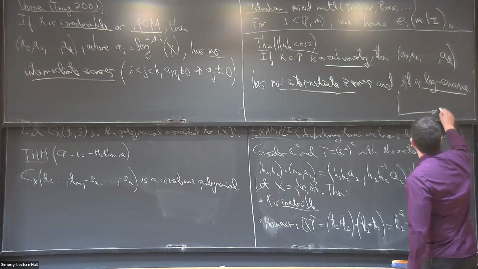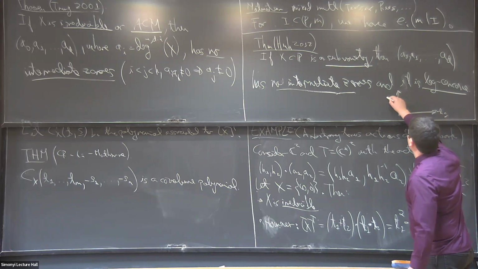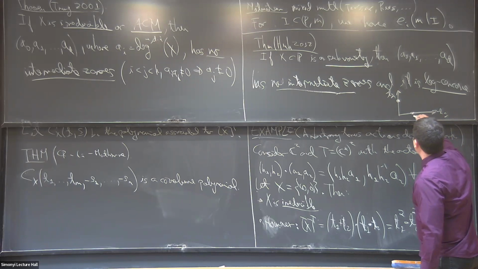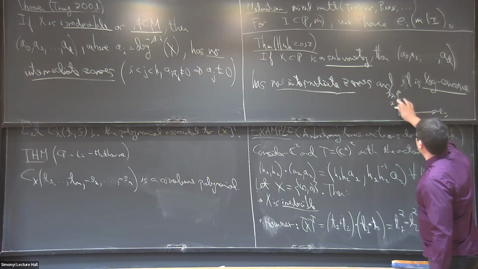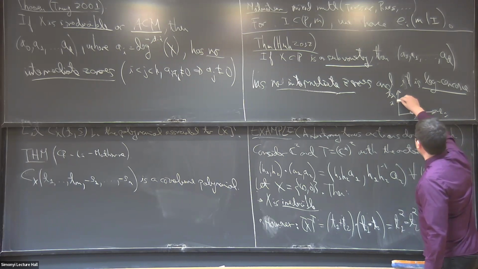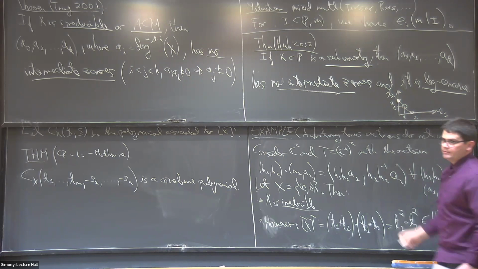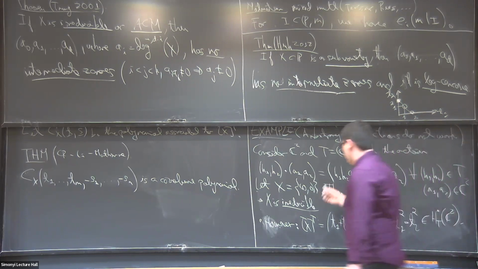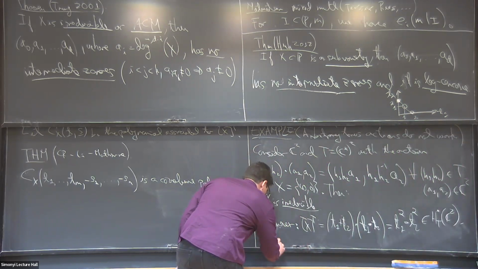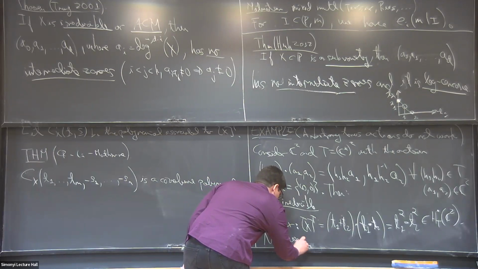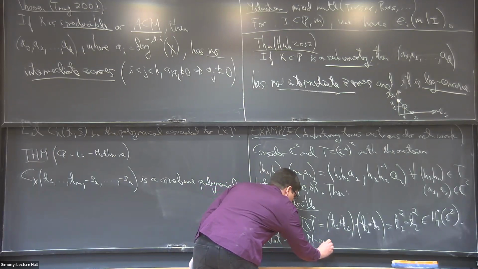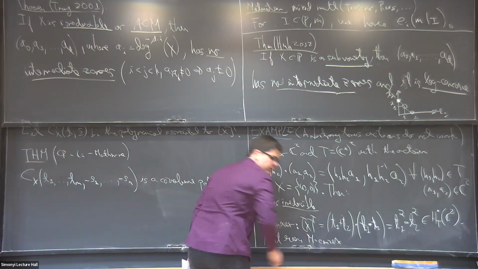If I put here t1 and then t2, so here I have one of the monomials and the other monomial, and I'm missing the (1,1). So it's not even convex.